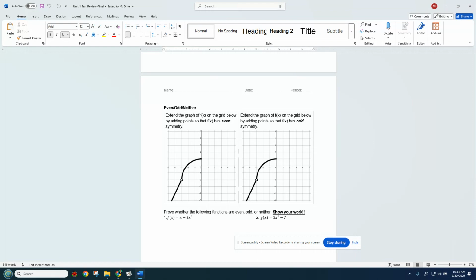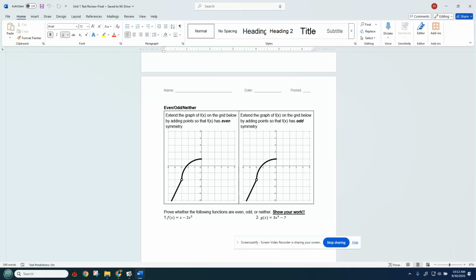The coordinate (-3, -2) is on there. When I turn that upside down, it becomes (3, 2), and if it was an open circle, it's going to be an open circle. And this makes part of a circle, so I'm going to do part of a circle. And this coordinate (-4, -4) is going to become (4, 4). Kind of weird.